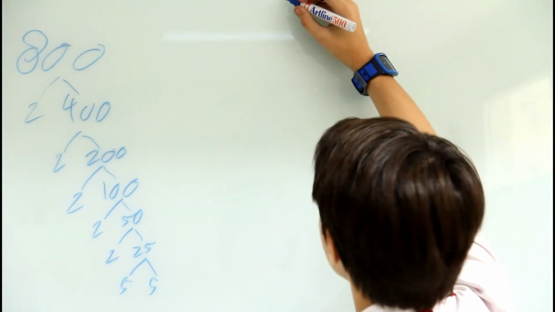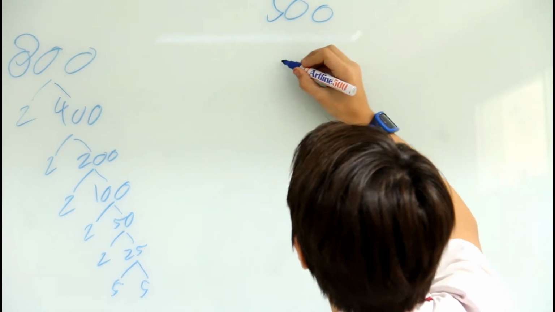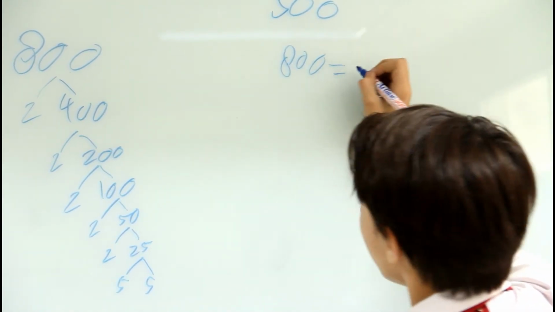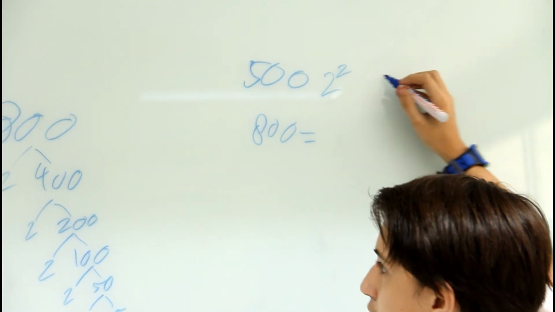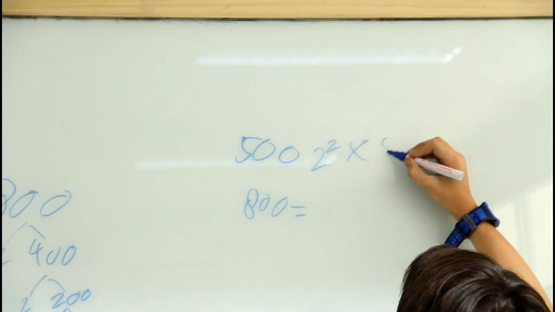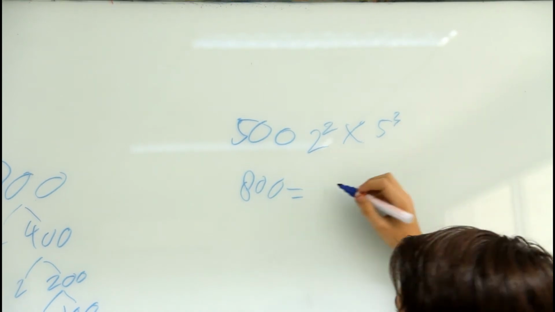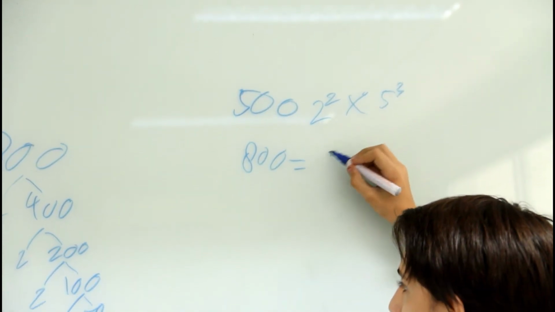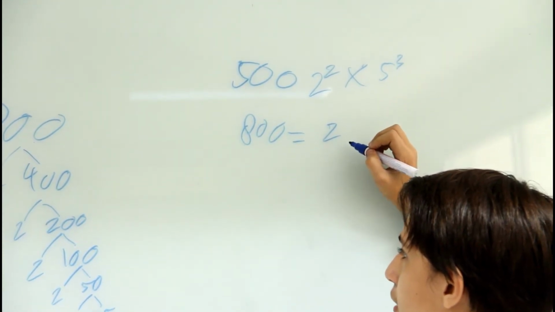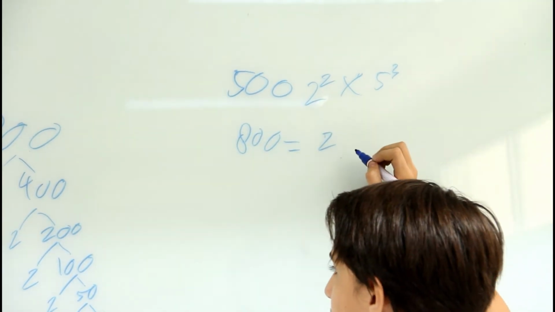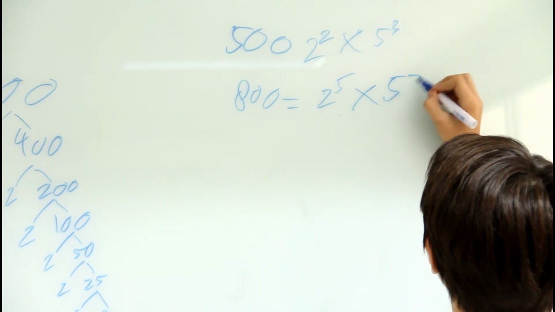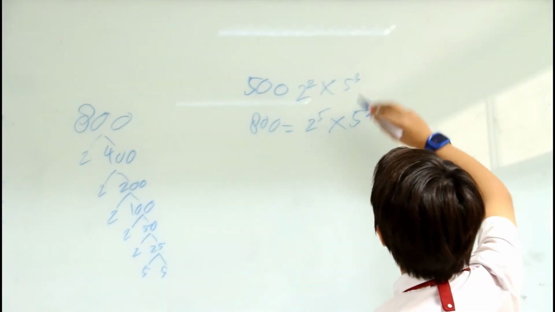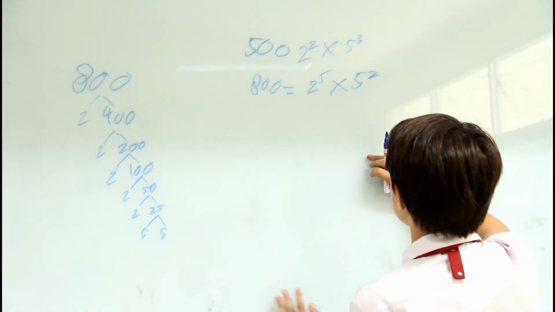The prime factorizations of 500 and 800 are: 500 is 2 to the power of 2 times 5 to the power of 3, and 800 is 2 to the power of 5 times 5 to the power of 2. So 2 and 5 are both in these prime factorizations.